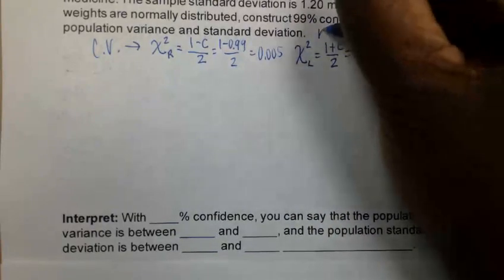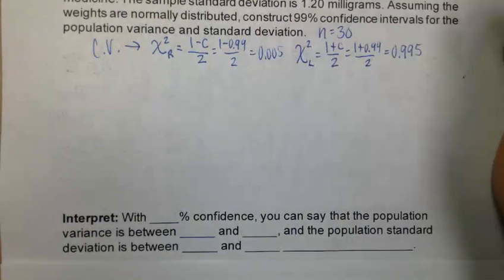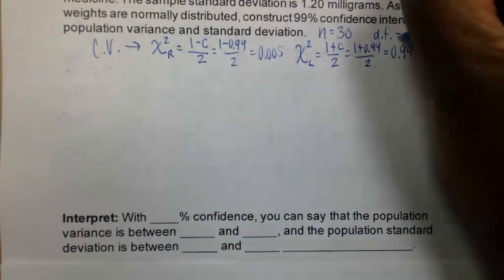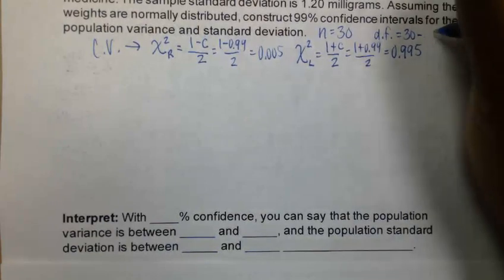Now let's get our critical value. N is equal to 30, so DF is going to be equal to 29.